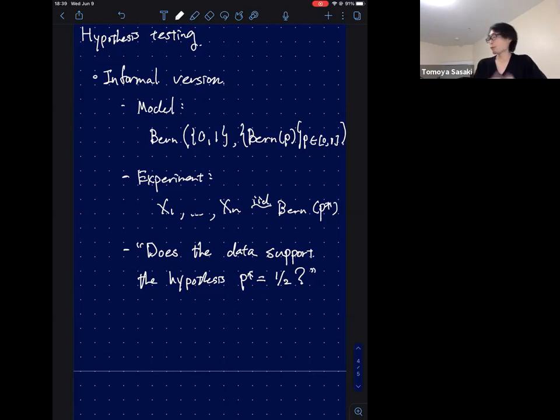Maybe if you're a data scientist at a pharmacy company, you might test the effectiveness of medicine. You want to know whether the medicine actually had a positive effect on the patient or not. You have 0, 1 data: if it's 0, the patient doesn't improve, but if it's 1, the patient recovered thanks to the medicine.